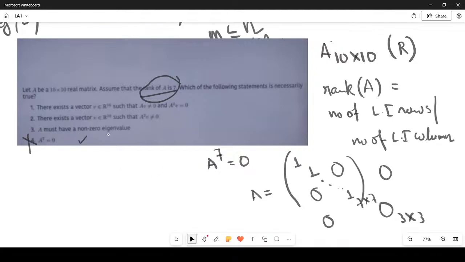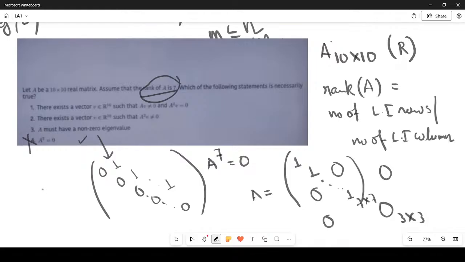Now, "A must have a non-zero eigenvalue." Since the rank of A is equal to 7, if we consider A as a nilpotent matrix, that means all eigenvalues are 0 on the diagonal, right? Now if you take that 7, in the super diagonal a total of 7 ones should be there, so there will be a block of order 7, correct?